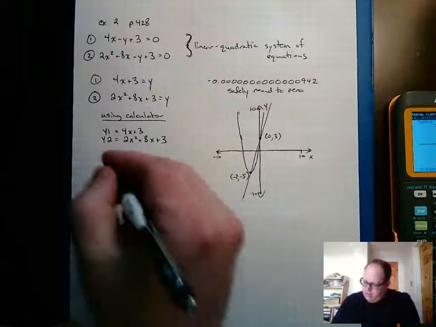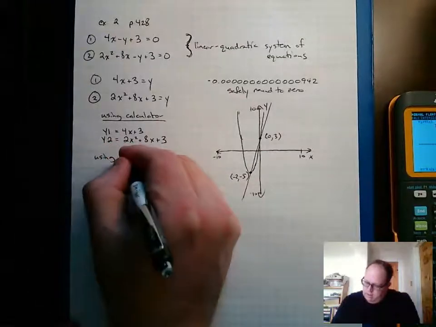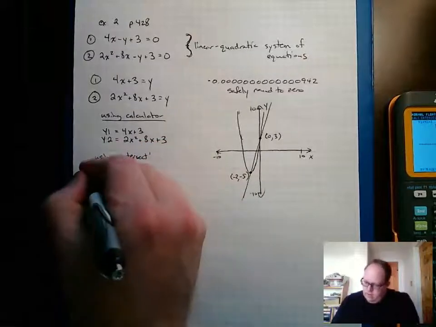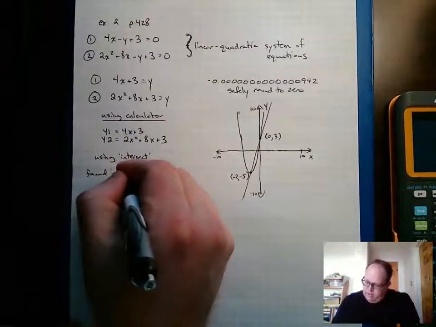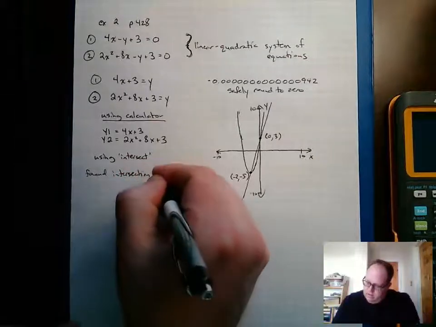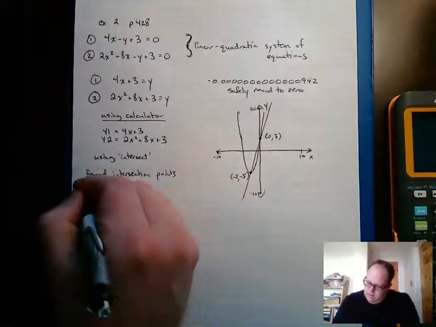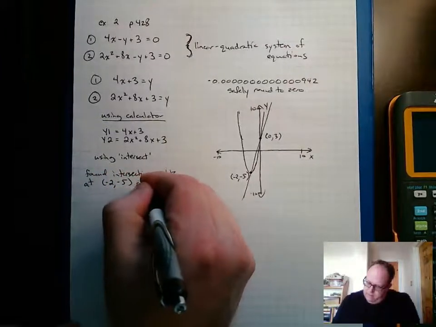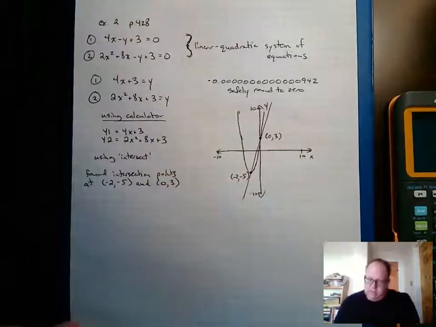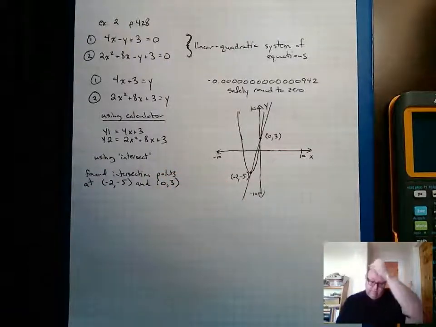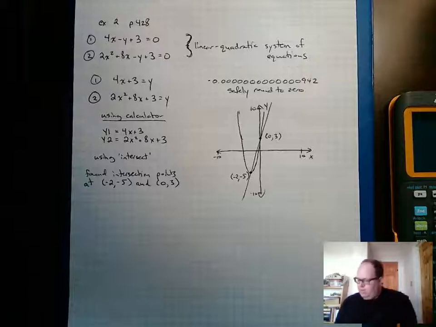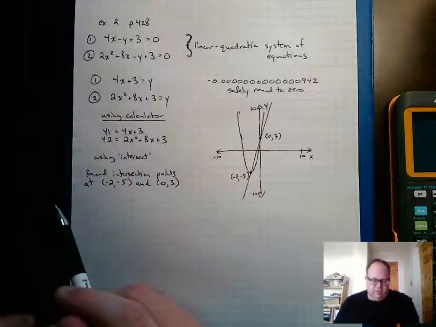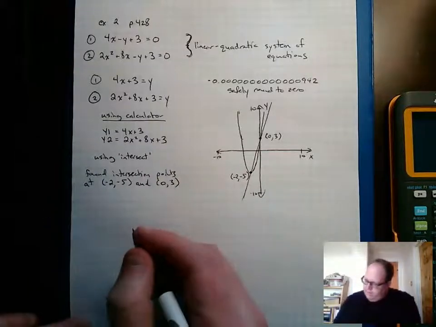So then I'm going to say, using the intersect function, I found intersection points. -2, -5, and 0 and 3. So what this says to me are solutions for this series of equations, or system of equations.